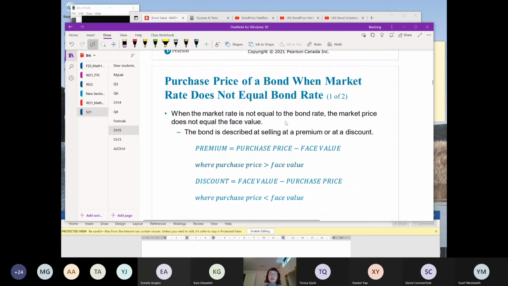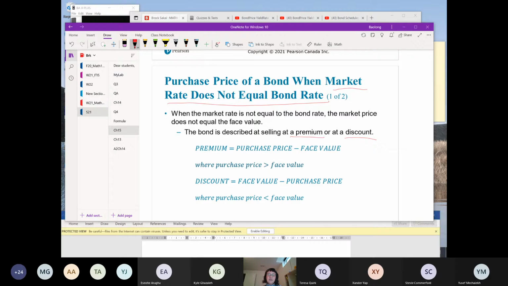So when the market rate does not equal the bond rate, the market price does not equal the face value. The bond is described as selling at a premium or at a discount.